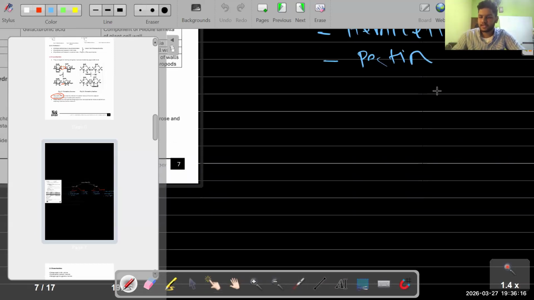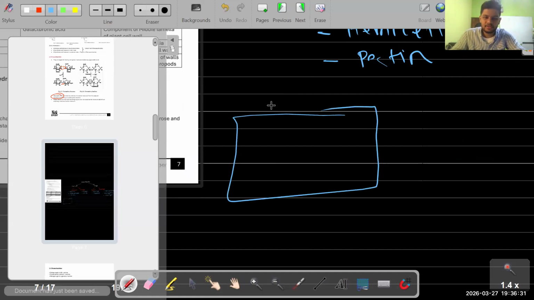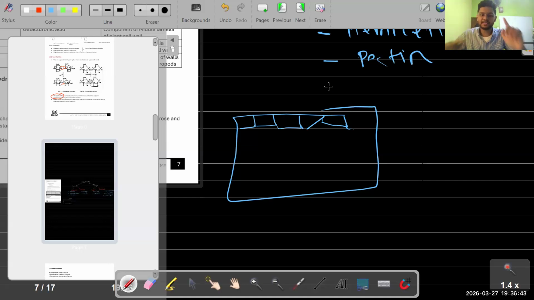Now, a polymer is simply a collection of molecules. Say this is a room, and this room was built by bricks, multiple bricks. There are four walls and each wall has bricks in it.